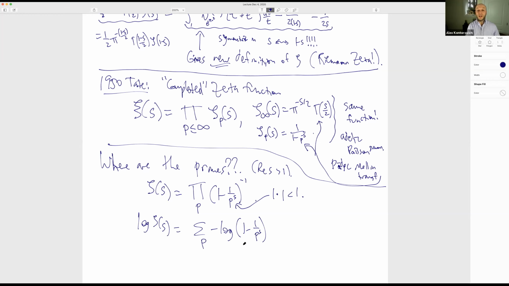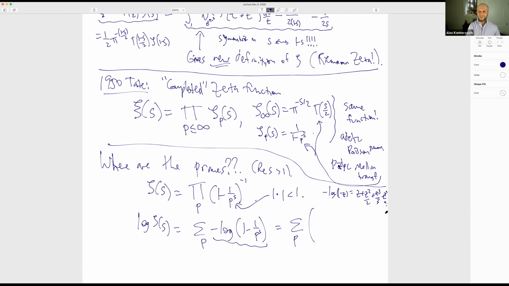So we can mean the standard complex log, in other words, the one that's defined perhaps by the power series. So this is a sum over primes, and for each prime, what's negative log of 1 minus z? It's z plus z squared over 2 plus z cubed over 3 plus z to the 4th over 4 and so on.